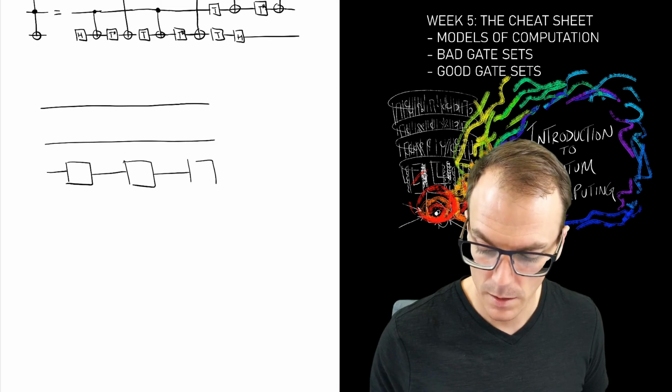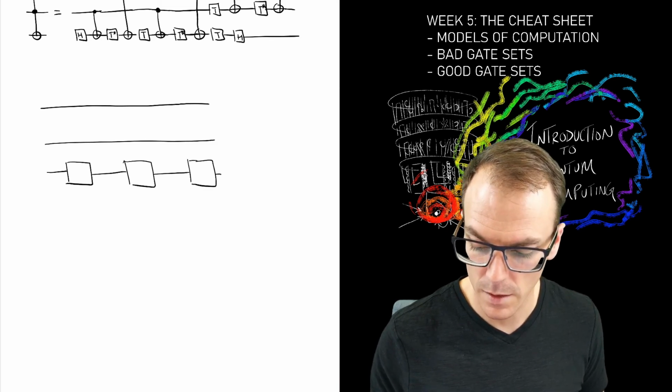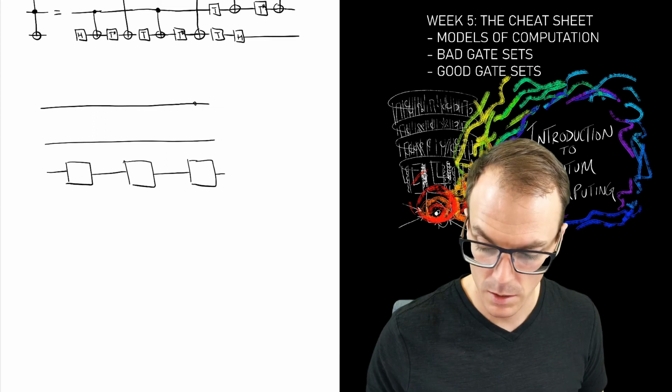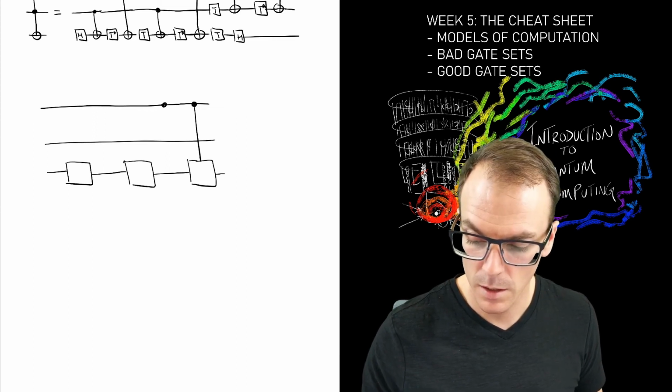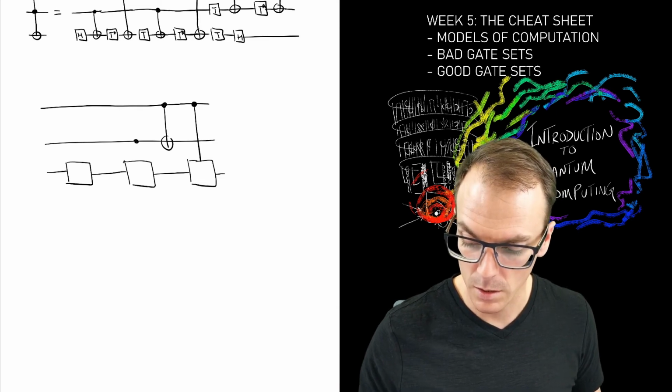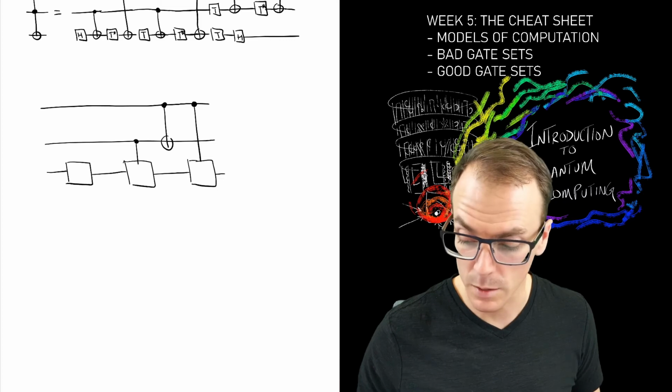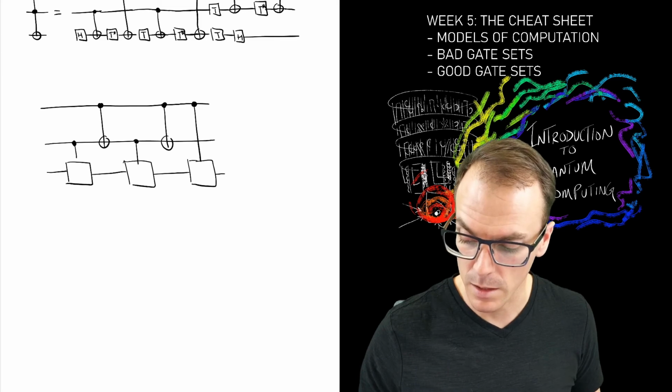So here's a circuit. It has a new gate. It's a controlled gate. So just like a controlled NOT, you can have a controlled unitary. So if the control is 1, the unitary is enacted on the other qubit. If the control is 0, then nothing happens.